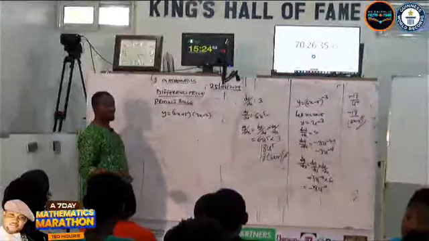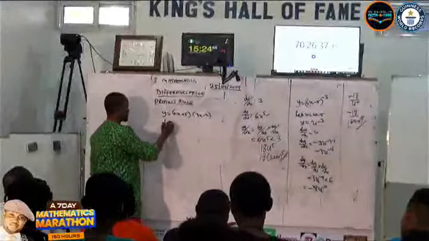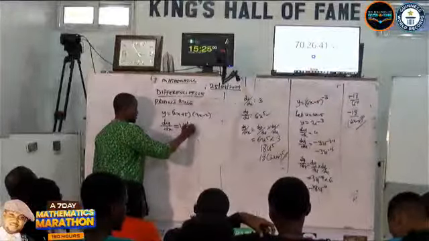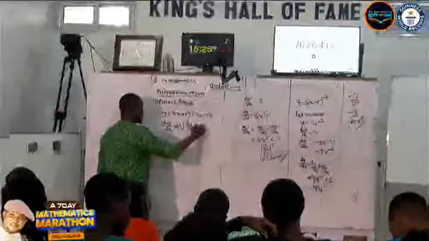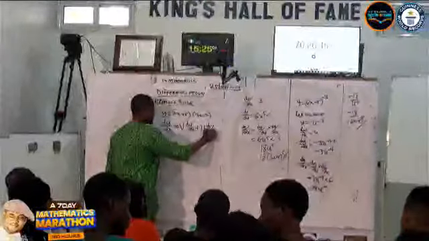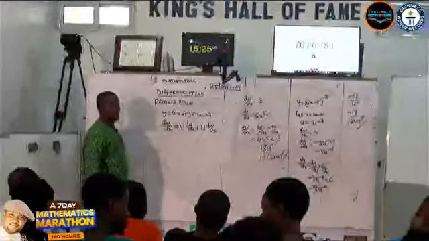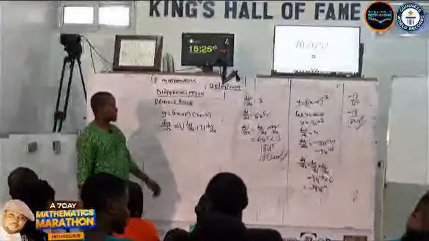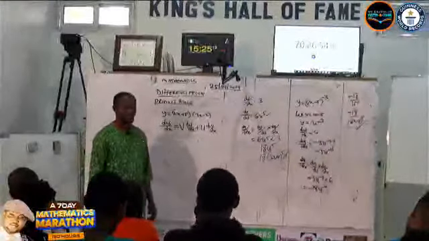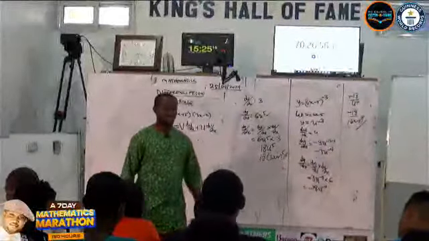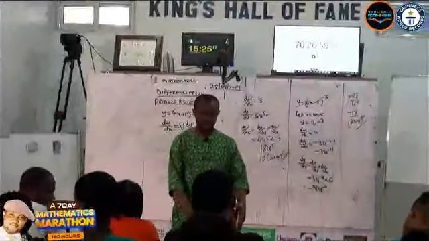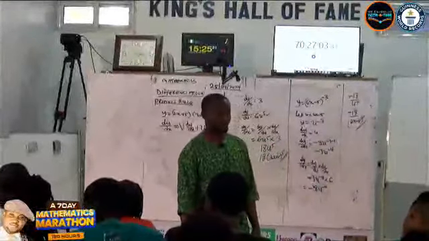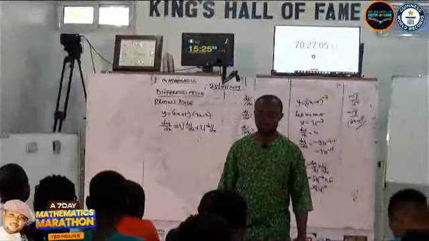What does the product rule say? The dy over dx. That's the formula for product rule. So anytime you see a case that has to do with multiplication of products, what you do is that you remember the product rule.